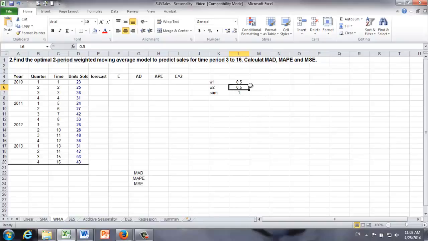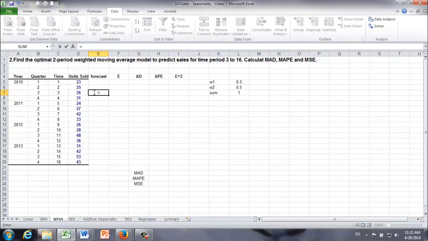How are we going to make the forecast? The first forecast we're going to make is for time period 3. Once again, it's a 2-period moving average. We cannot make a forecast for time period 1 and 2 because we don't have enough information for that. So we're going to start with time period 3.